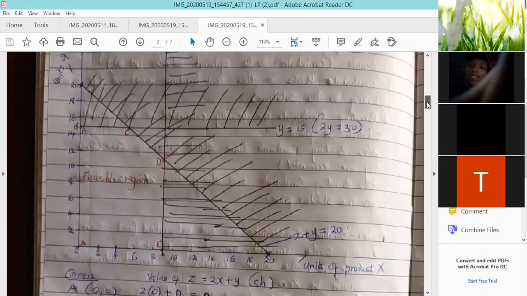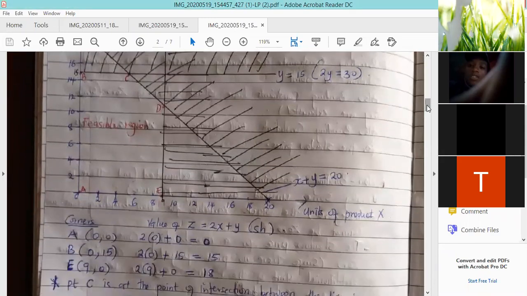The problem was on maximization. So what we are going to do here, we are going to be guided by the corner points. So I've picked the unshaded region, which I'm calling the feasible region. And this particular region, you can see it's not a well-defined shape. So you have to be very careful on how you pick your corners.